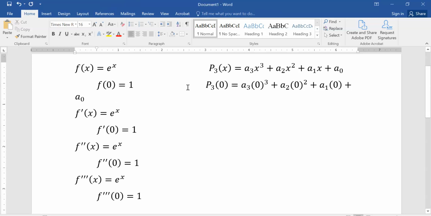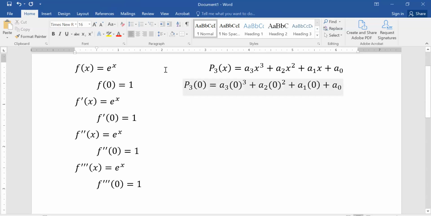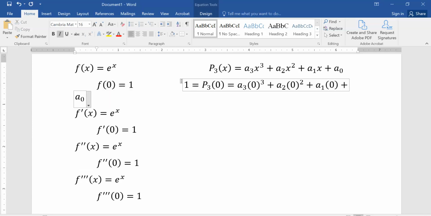Let me scoot this back a little bit. And so when you plug in 0, you should end up with the same thing that you get when you plug into the function, a 1. So you plug in 0, you should get 1. Now notice what these parts do. a3 times 0 to the third plus a2 times 0 squared plus a1 times 0.